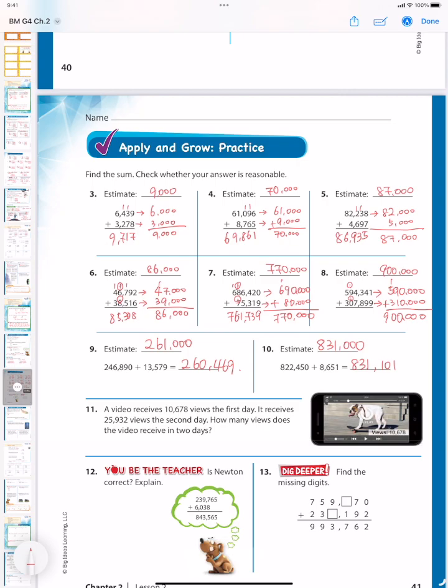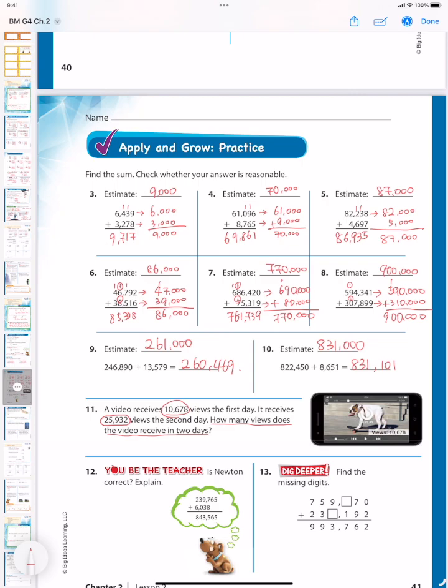Now, number 11. A video receives 10,678 views the first day. It receives 25,932 views the second day. The question is, how many views does the video receive in 2 days?